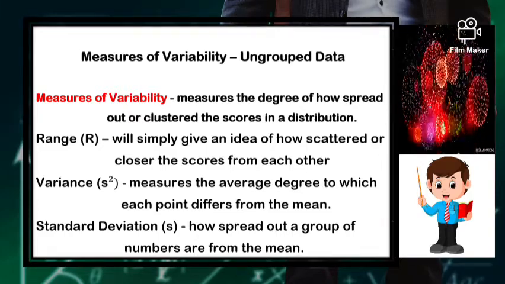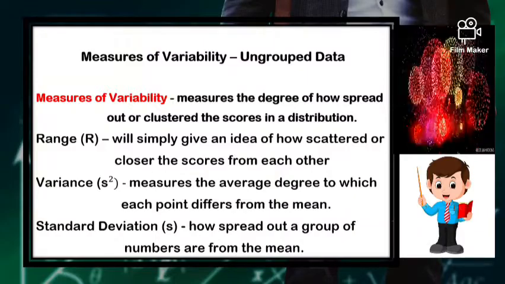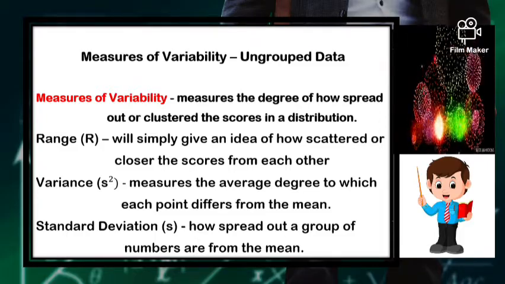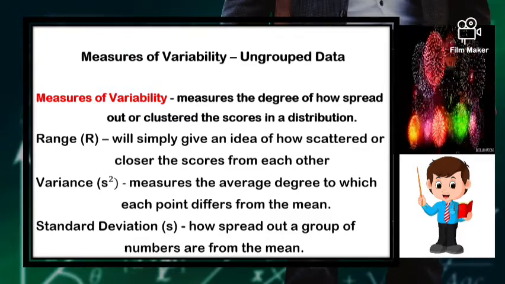Sometimes we use the more reliable interquartile range, which we get by taking the difference of the upper quartile and the lower quartile. We use the result to interpret how scattered or close the scores are from each other.